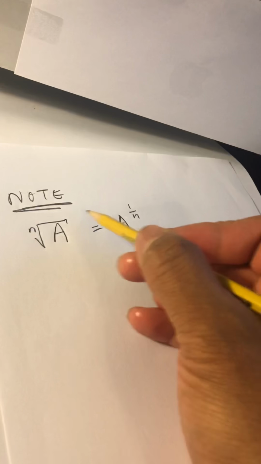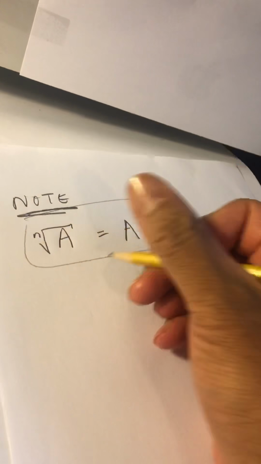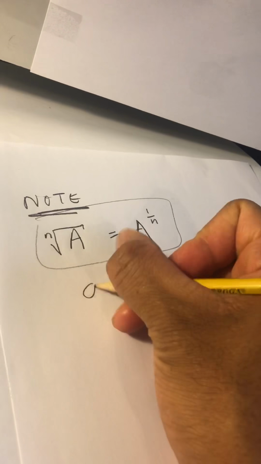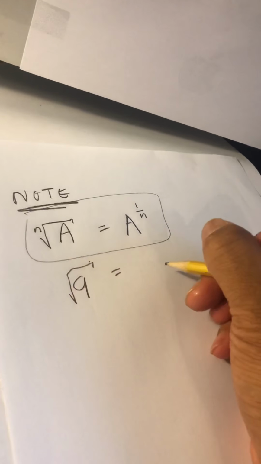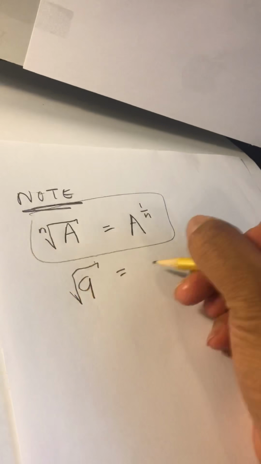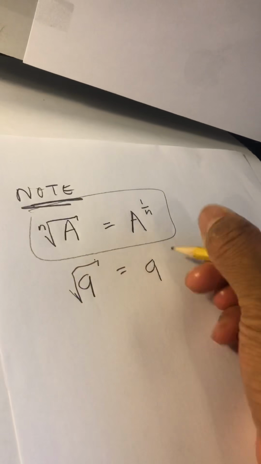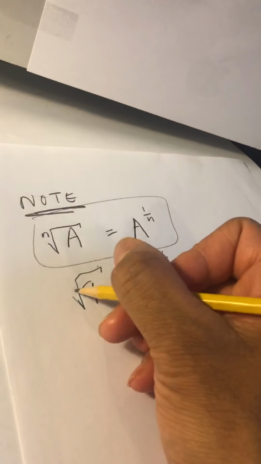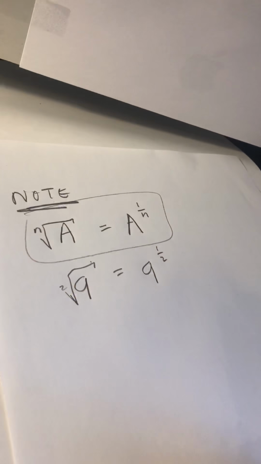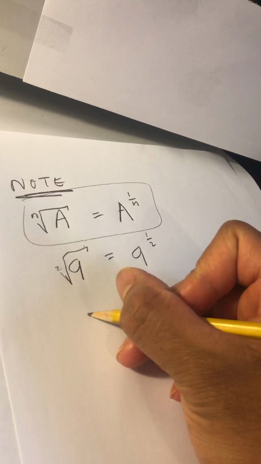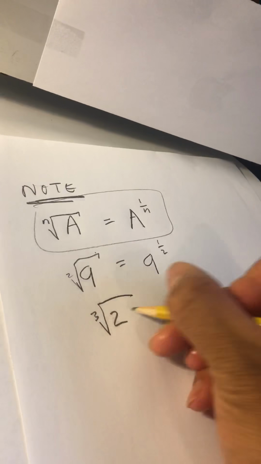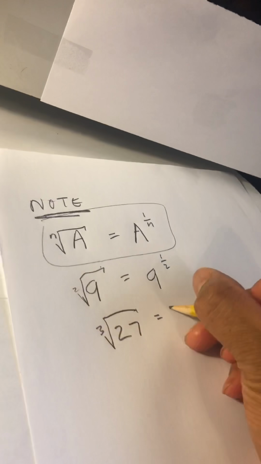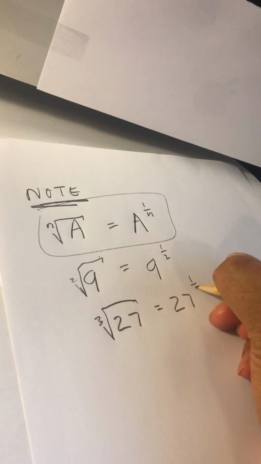For example, the square root of 9, you can confirm this in your calculator, is 9 to the 1/2, with a little invisible 2 there. The cube root of 27 is 27 to the 1/3.